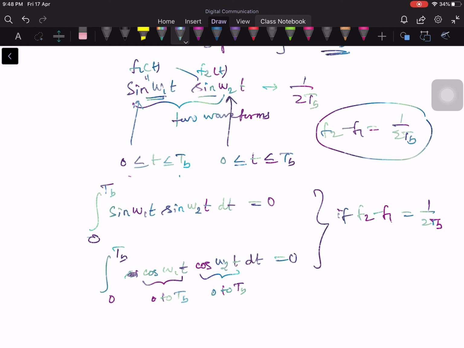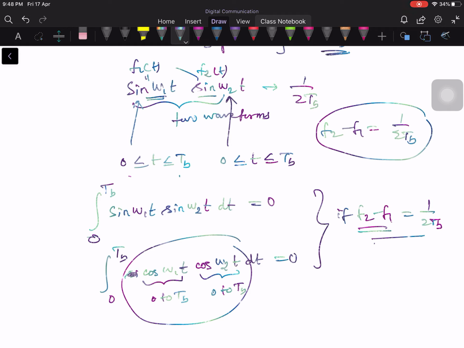These two signals are orthogonal provided that the minimum separation between these two frequencies is 1 by 2TB. Otherwise, it will not be orthogonal.